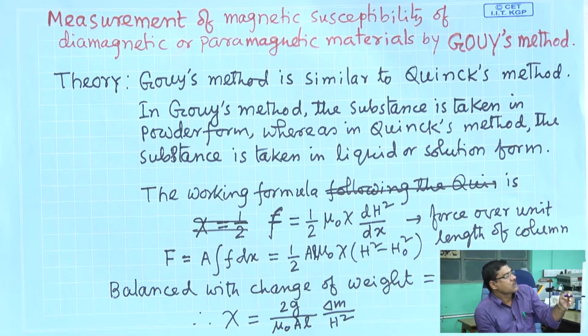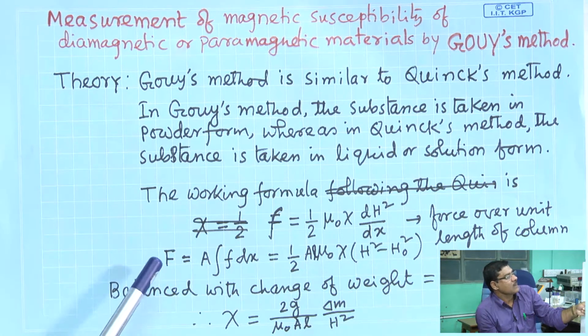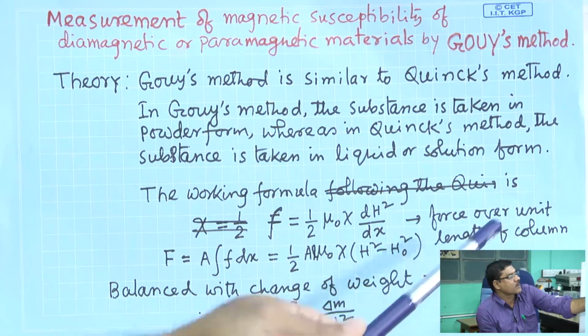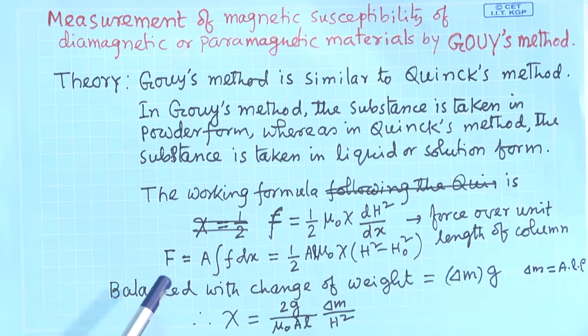Now the force per unit length of the column: the sample has length L, and the cross-section area is A.